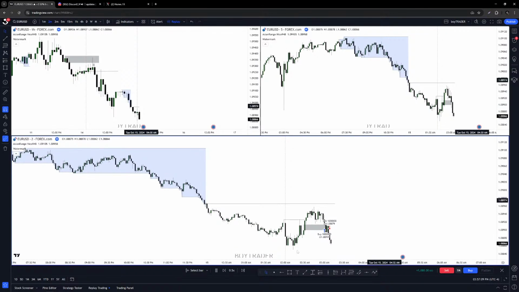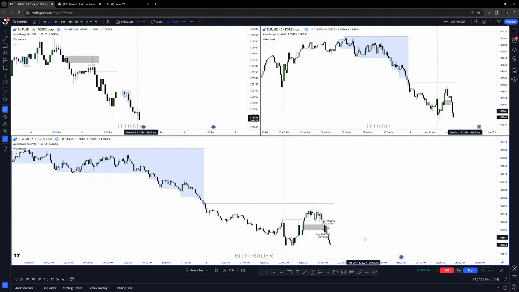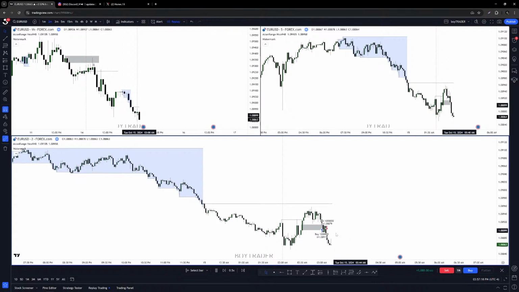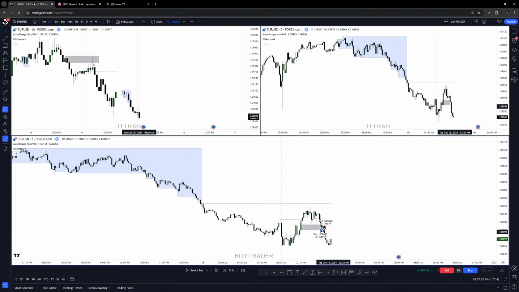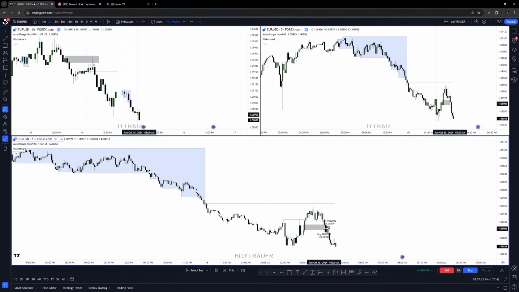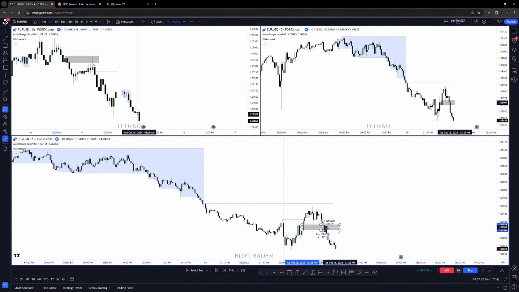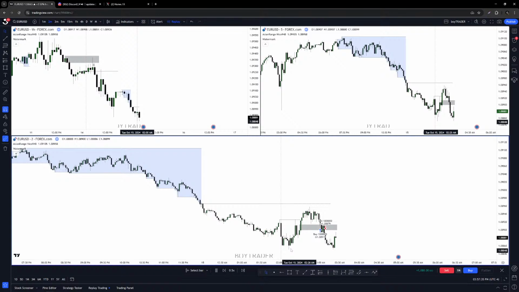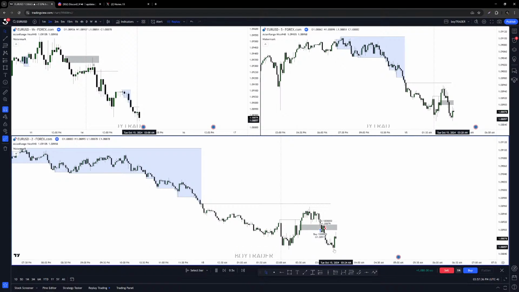The strategy is not 100%, so that's why you should always have a stop. So we are still below the opening price. This still disqualifies every trading idea to be selling. We took out this low here just by a pip.